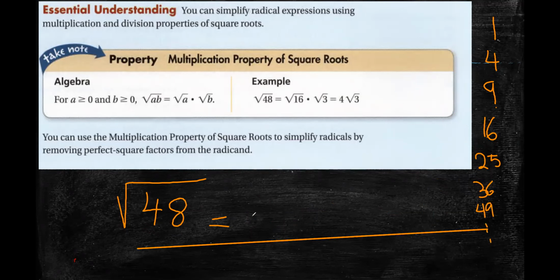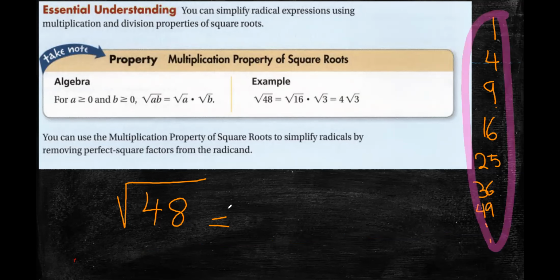Then I will ask myself, give me a number that if I multiply it by any of these perfect square numbers, I get 48. You will tell me, teacher, it is 16.